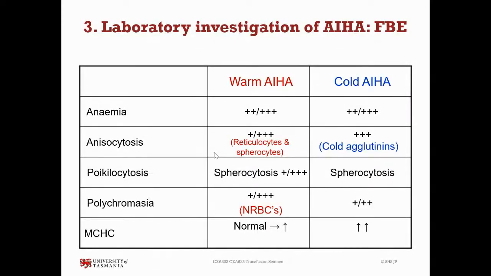And because we've got a fairly acute anemia, then you're going to have a reticulocytosis because the bone marrow is trying to replace those red cells as quickly as possible.